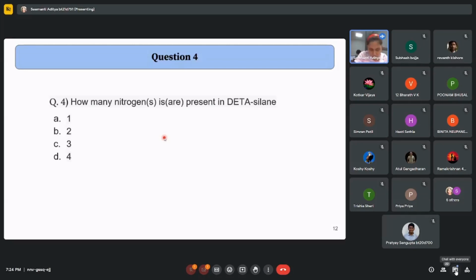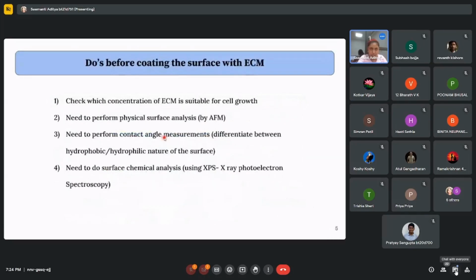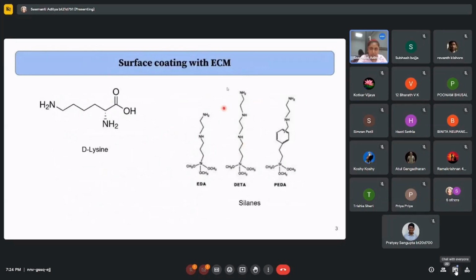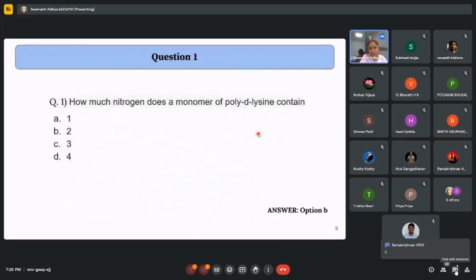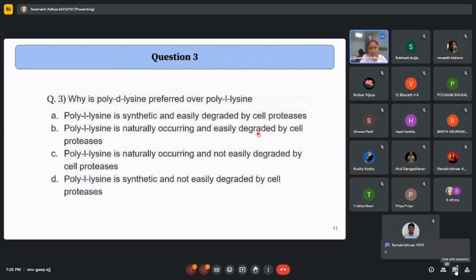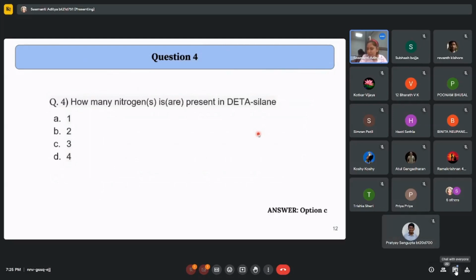Yes, so it has 3 nitrogen. Like we saw in the structure, it has 3 nitrogen, and so yeah, the correct option is option number C. So now next question.